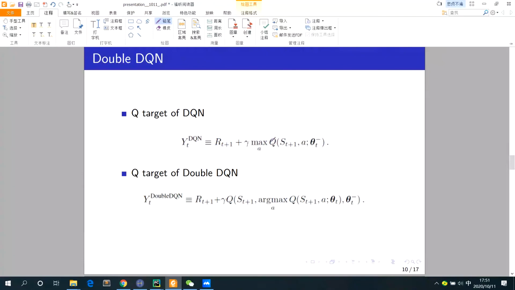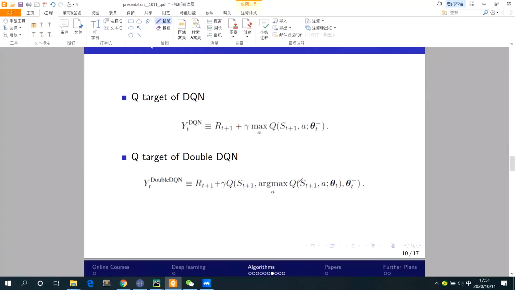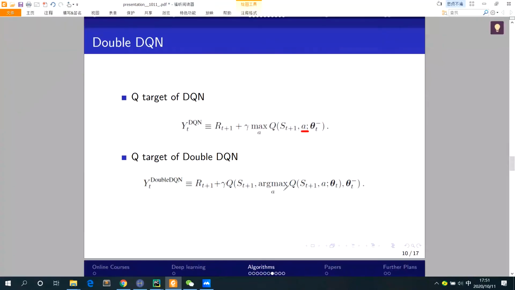Here, actually, we use the parameters of the Q target network, and here we use the parameters of the Q evaluate network. Or I can explain it with the graph here.